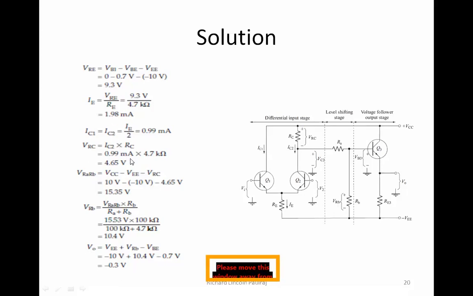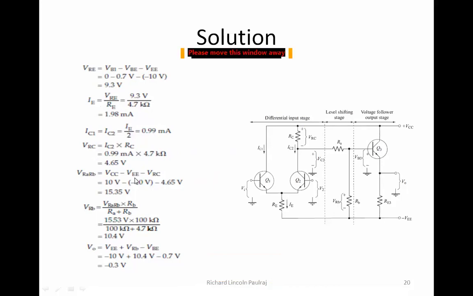And we know that IC1 and IC2 are equal, it is perfectly matched. So it is going to be half of whatever current is coming through here, right? Because it's a branch. So IE divided by 2, which is approximately 2 milliamps here, is going to be about 1 milliamp.